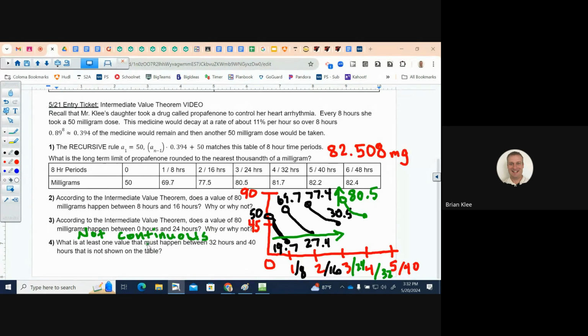And the last part, what is at least one value that should happen between 32 and 40 hours? So the last problem here is indeed continuous. We know at the 4th 8-hour time period, we are going to start off at 81.7.